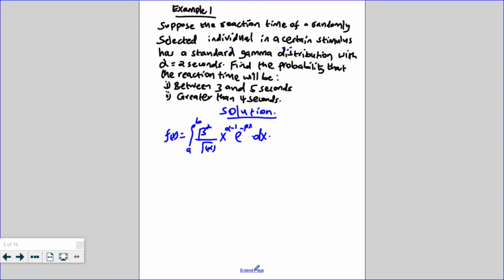In this case, it is between 3 and 5 seconds. So what I'm going to do here is the integral from 3 to 5. Then of course, being a standard gamma distribution, we know that beta is 1, and our alpha is 2, so it is to the power of 2, because they were saying our alpha is 2, given here as 2 seconds.